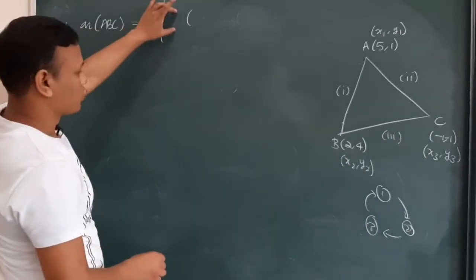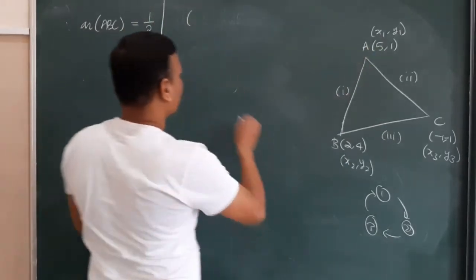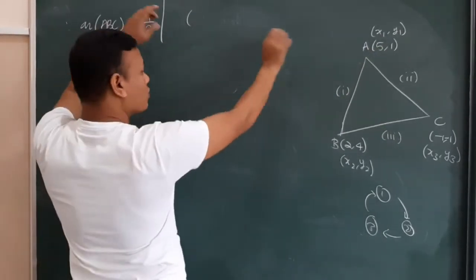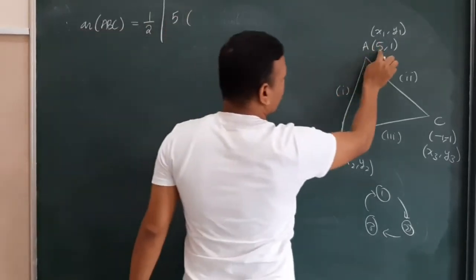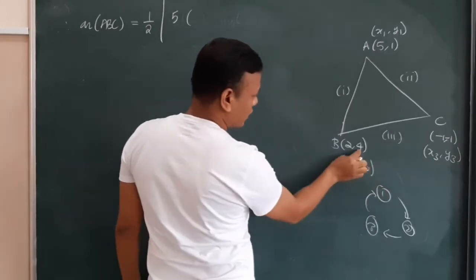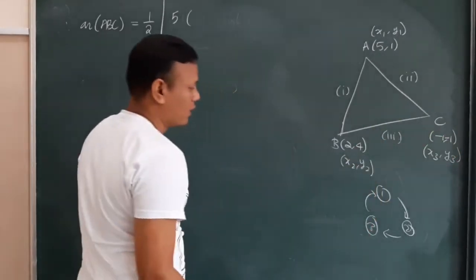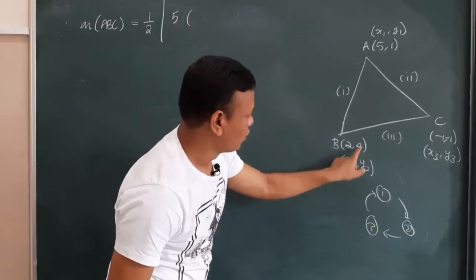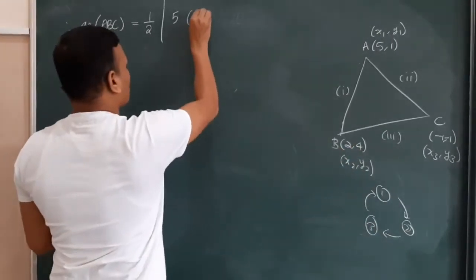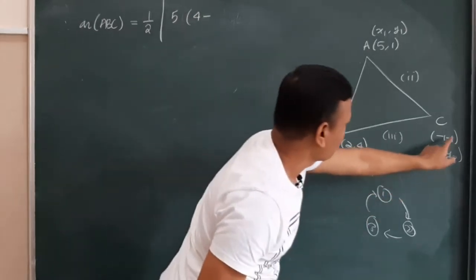So we have x1. How much is x1? x1 is 5. Or if you want to write down the formula, that's also okay. So x1 into y2 minus y3. So y2 is 4 minus y3. y3 is minus 1.